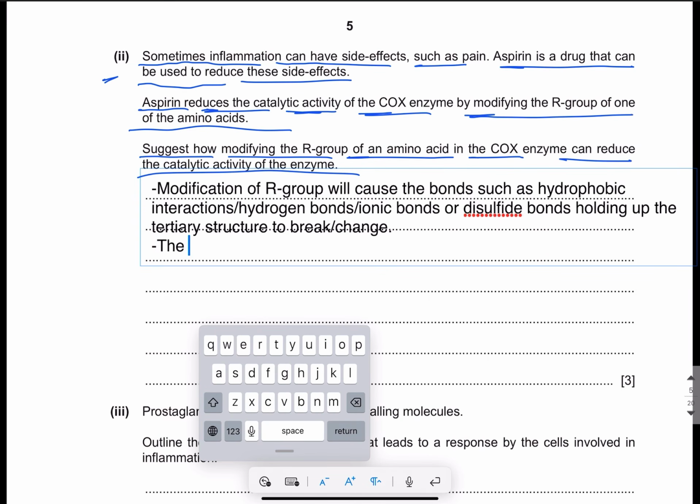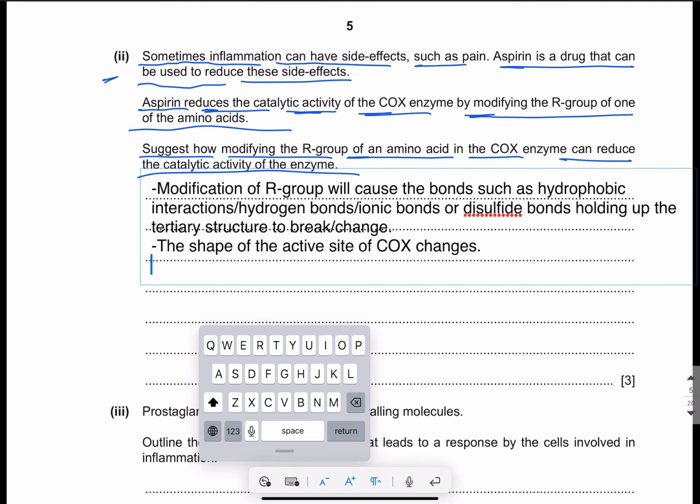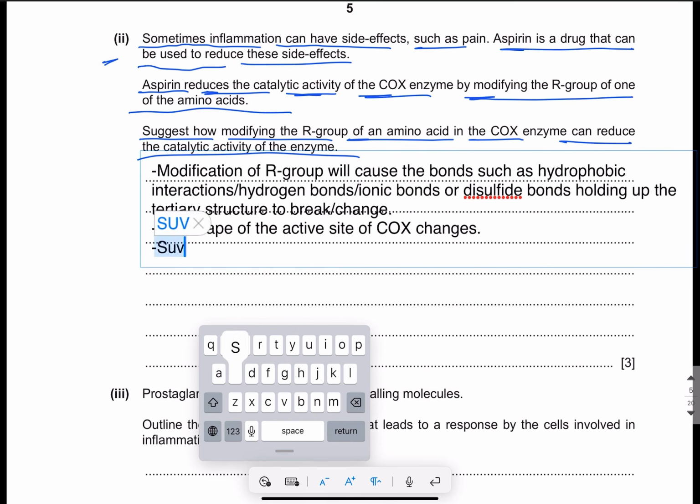The shape of the active site changes, the shape of the active site of COX changes. COX is the enzyme that is cyclooxygenase. So the shape of the active site of COX changes. Substrate is unable to fit, right?